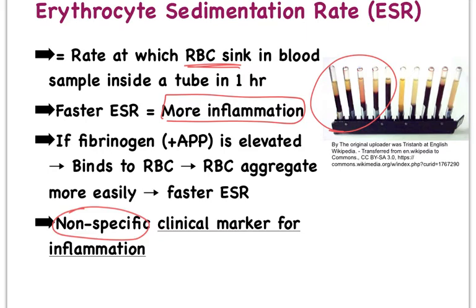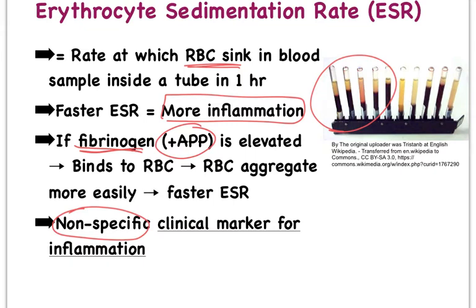So for instance, if fibrinogen is elevated in our blood, which is a positive AP, remember, a positive acute phase protein is increased during inflammation, this fibrinogen can bind to red blood cells and then make the red blood cells precipitate even faster to create a faster ESR.